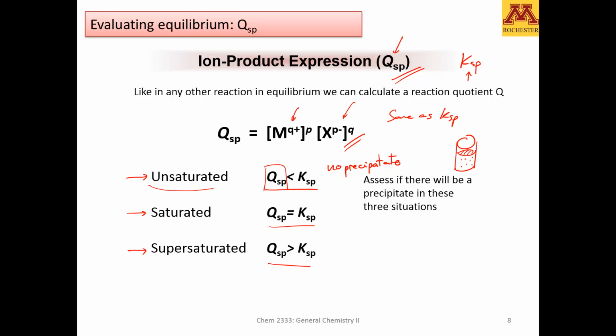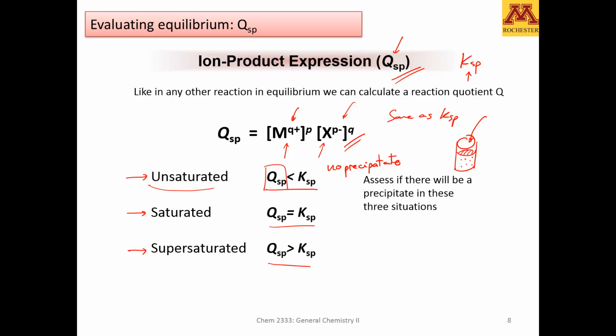It means that there is no way for the solution to reach the KSP because there's not enough ions in solution to form a solid. In that case, the product of concentrations will be smaller than the KSP. We say that the solution is unsaturated. It can admit more ions and they will still dissolve.